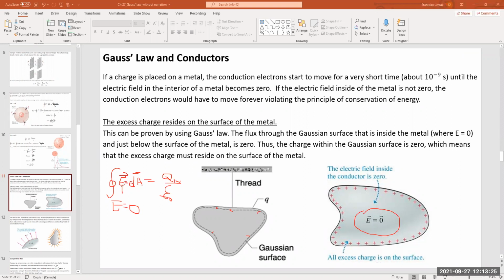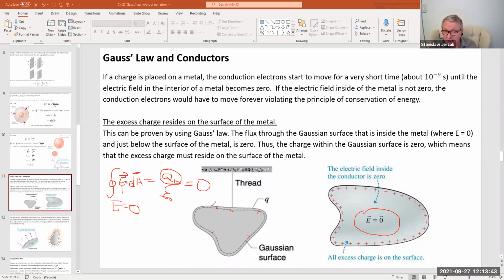Thank you. So if the electric field is equal to 0, then 0 times dA is 0, and the integral of 0 is equal to 0. Because this is the equation, that means the total charge inside of my Gaussian surface must be equal to 0.